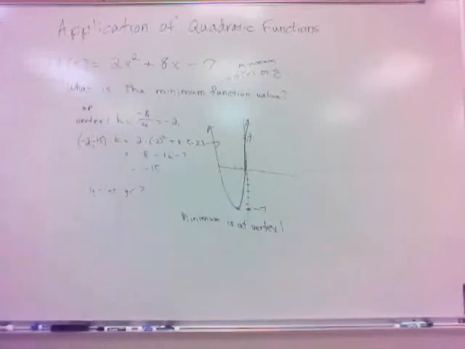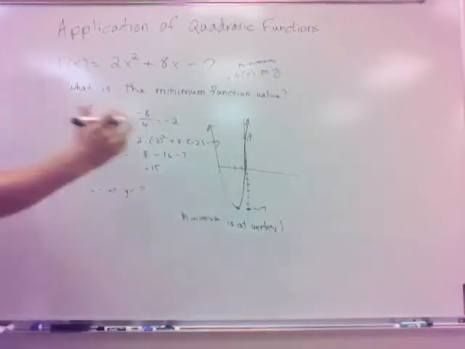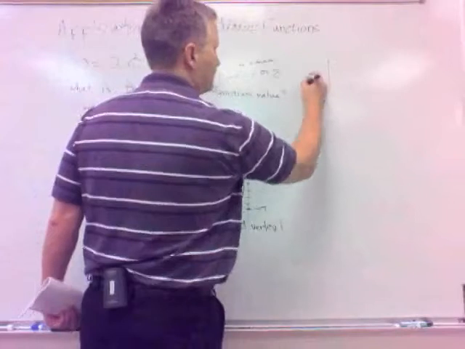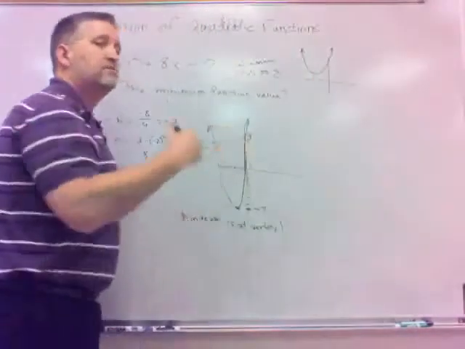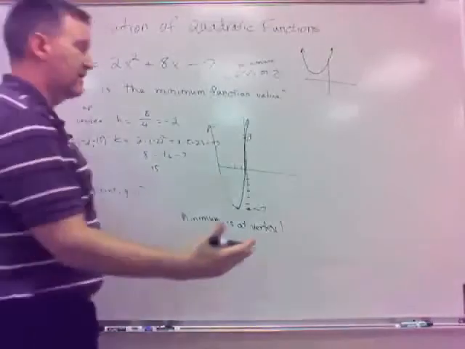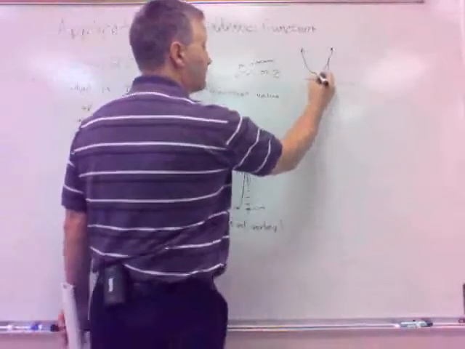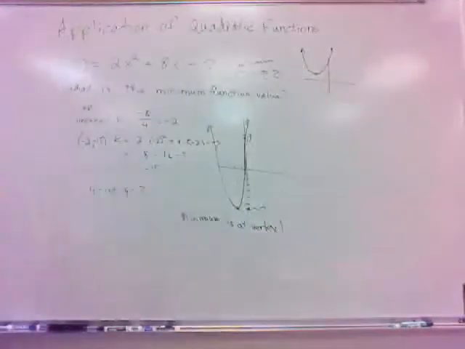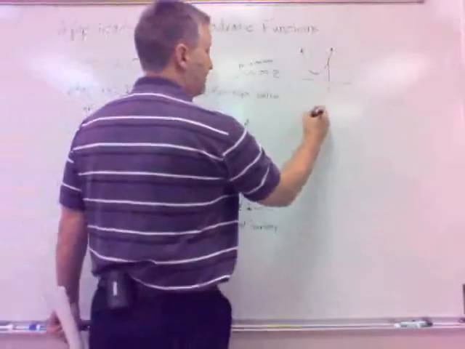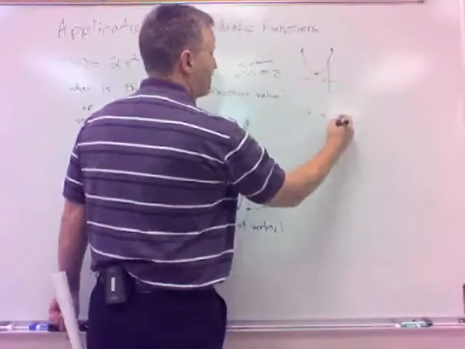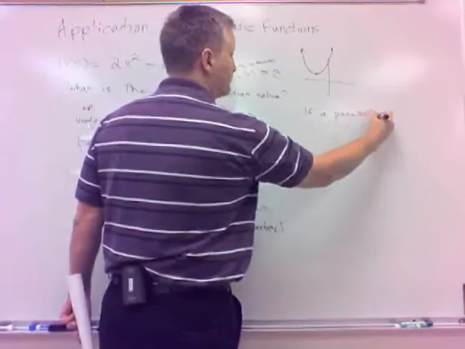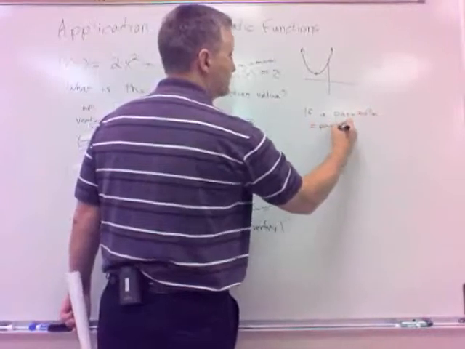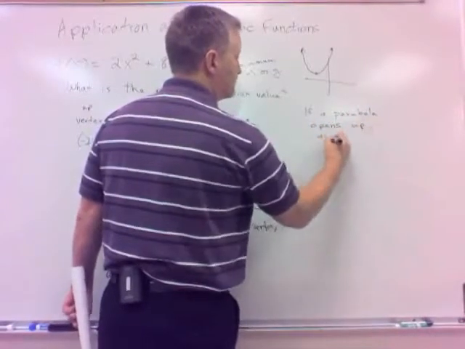Well, can you foresee any time when that's not the case? If I have a parabola that opens up, then my minimum function value, or the minimum f of x value, occurs at the vertex, doesn't it? That's always the case. So if a parabola opens up, the minimum is at the vertex.